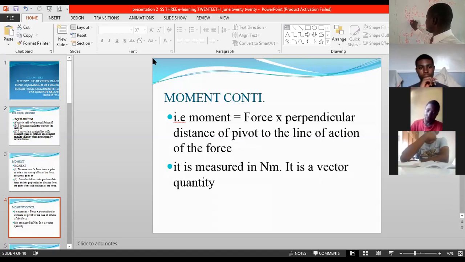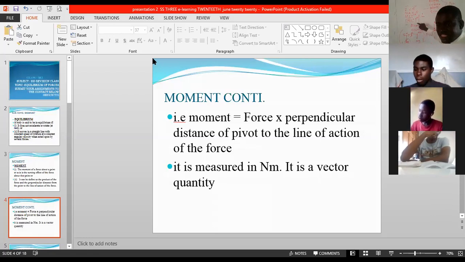So I have [M L² T⁻²]. This is the dimension for work, energy, couple, torque, and moment. They have the same dimension and the same units.